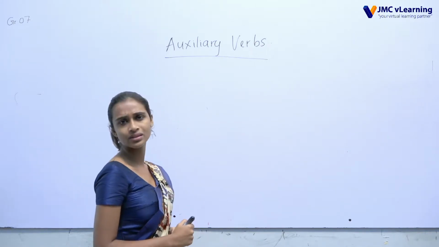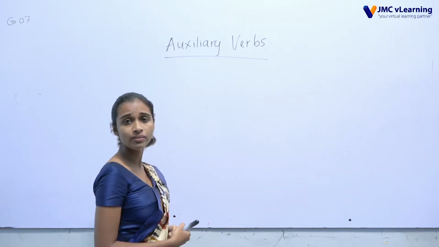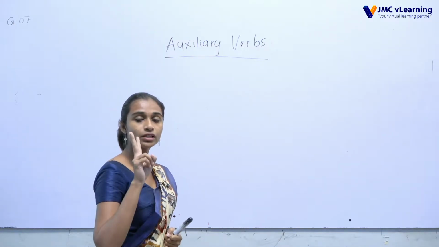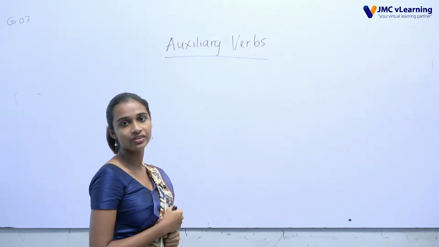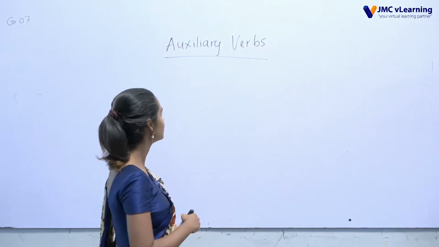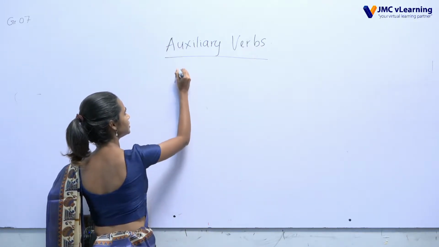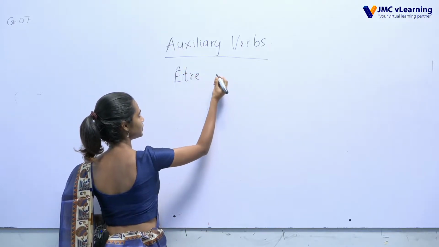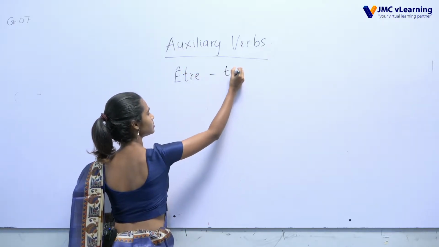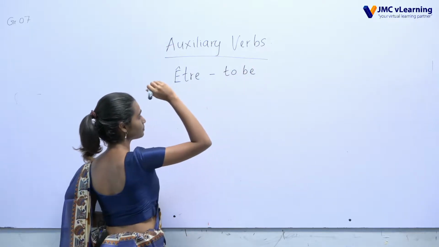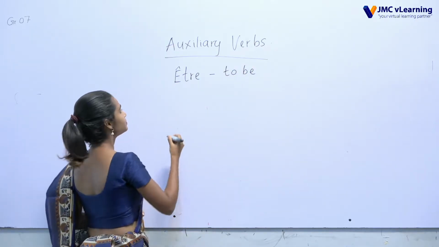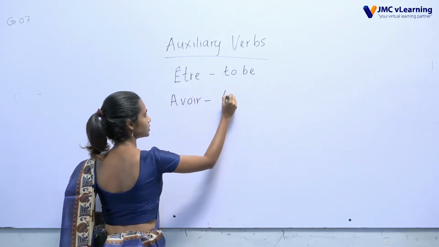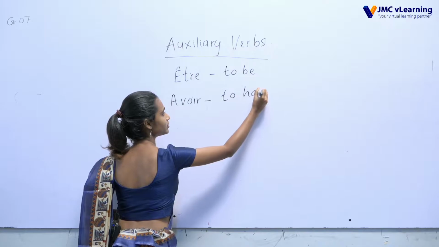Okay, what are auxiliary verbs and how many auxiliary verbs are there in the French language? There are two auxiliary verbs in French. What are they? The first verb is the être verb, which means to be, and then the avoir verb, which means to have.